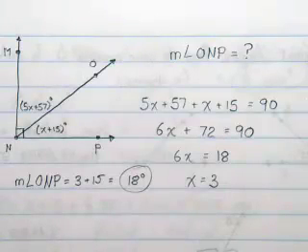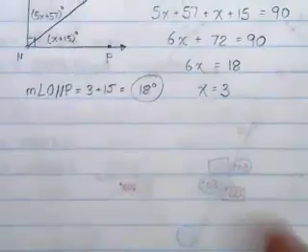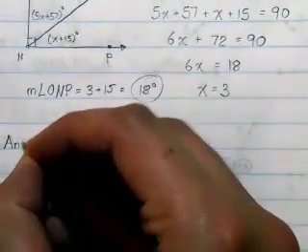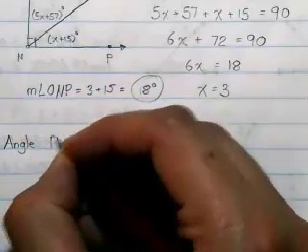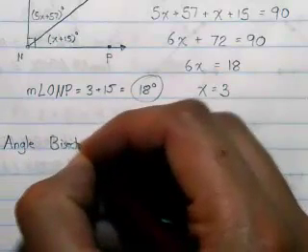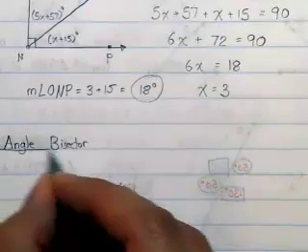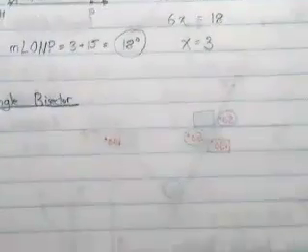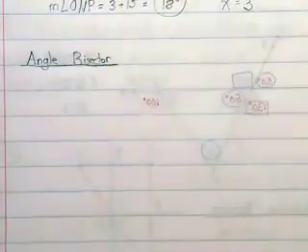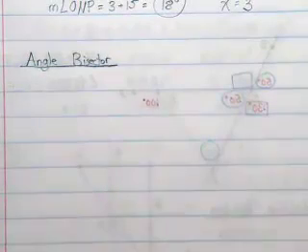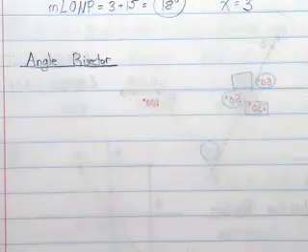All right. Last thing I want to talk about, and then I'm done, is an angle bisector. We've talked some about bisectors already with segments. What did a segment bisector do to a segment?